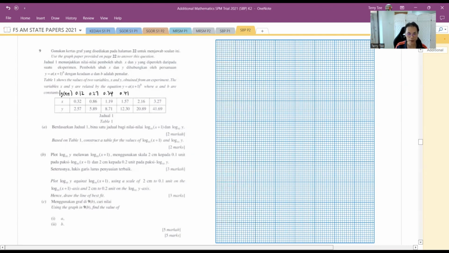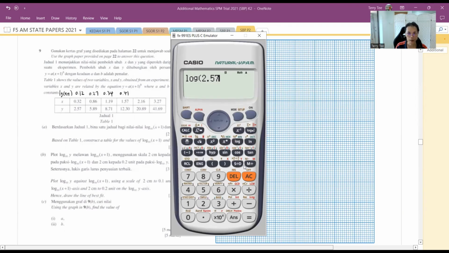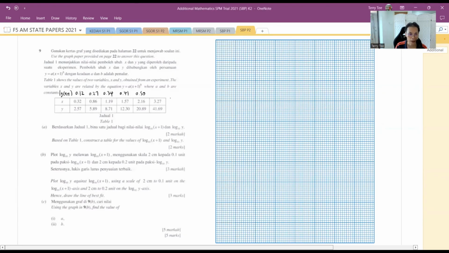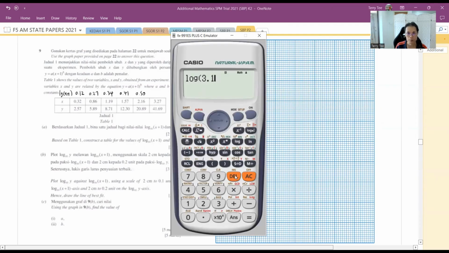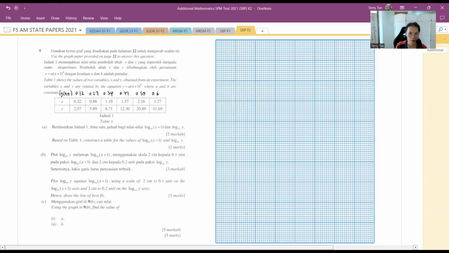Next one, 2.16 plus 1 is 3.16, I got 0.4996, 0.4997, I'll round off to 0.50. And lastly, 3.27 plus 1 is 4.27, so I got 0.63. Okay, so I've got my log of (x plus 1) done.